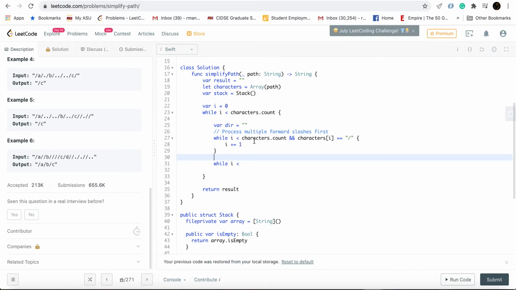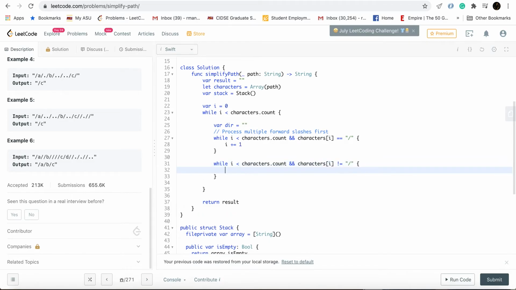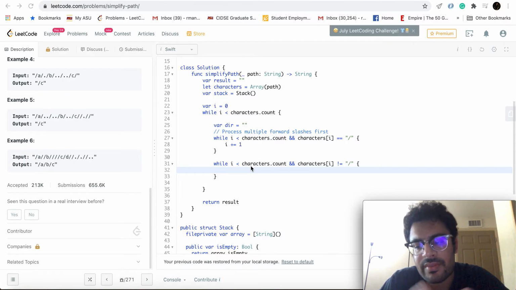So what we'll do is, again, while we haven't reached the end of the string and the characters do not equal a forward slash, because if we are not seeing forward slashes, we are probably seeing the directory name or single period or double periods.